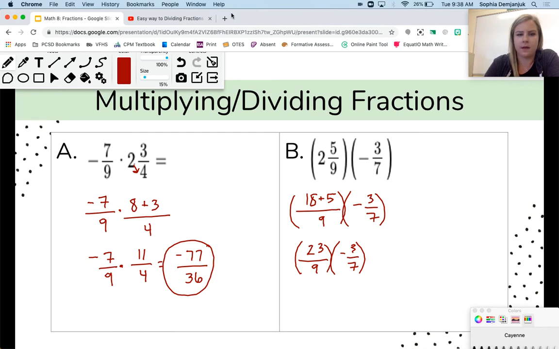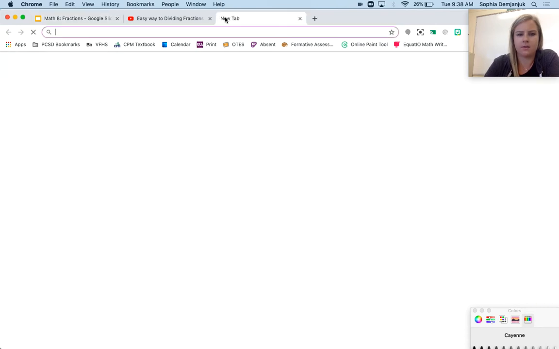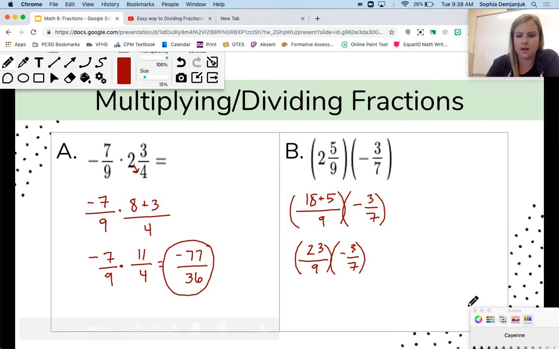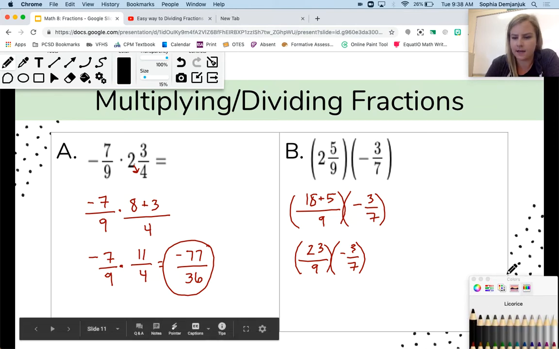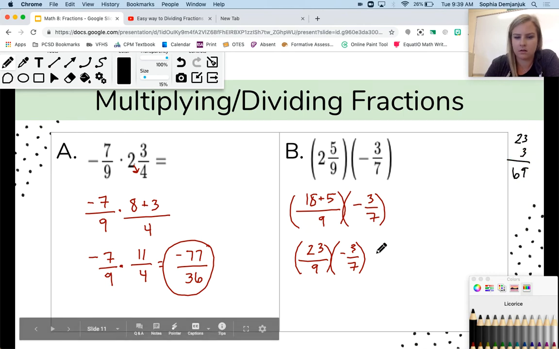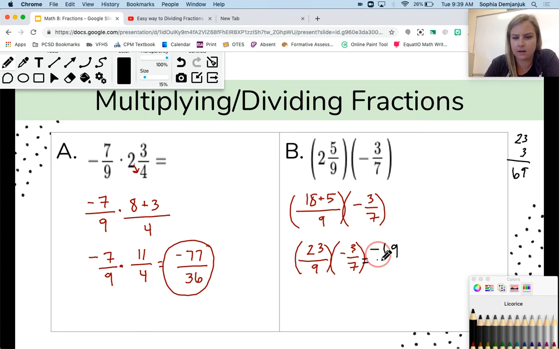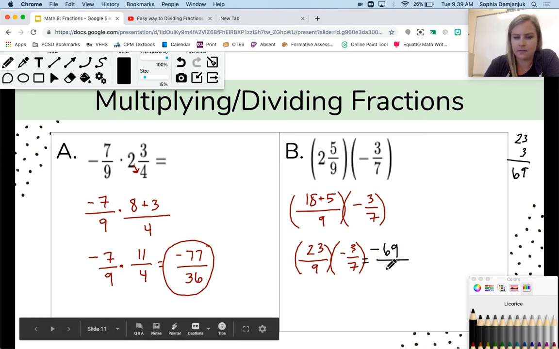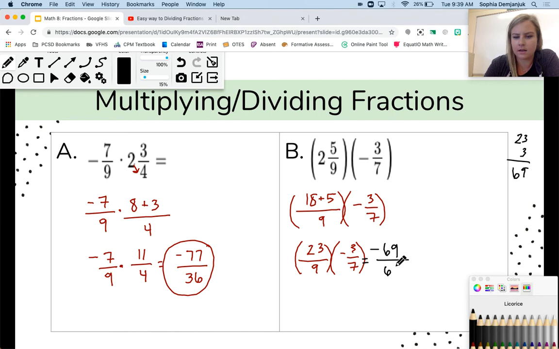I need to multiply across the top of my numerator, so 23 times 3. I can just do that by hand on the side. We end up getting negative 69. 9 times 7 gives me 63.